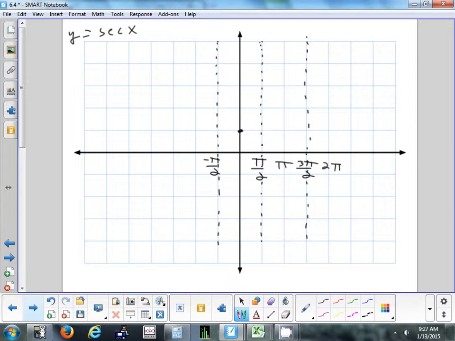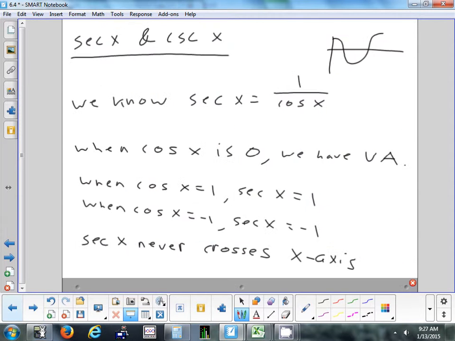Okay, that's a point. Okay, when does that graph equal -1? Well, ask yourself, when does cosine equal -1? Okay, so cosine equals -1 right here. That's its lowest point. That occurs at pi. Okay, so when you plug in pi for x, cosine becomes -1, and so does secant.